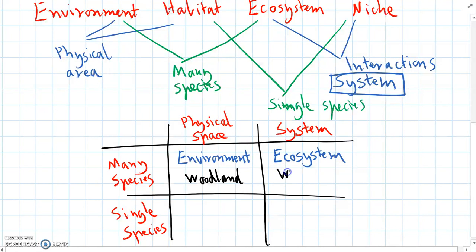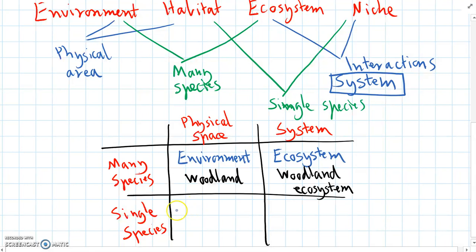And for the echidna, it lives in a woodland ecosystem. So it still includes the same things as a woodland, but when we're thinking of an ecosystem, we're now thinking about how do those things interact. What species are the predators, which species are the prey, how much rainfall, and what are the temperatures throughout the year. That's part of the ecosystem.